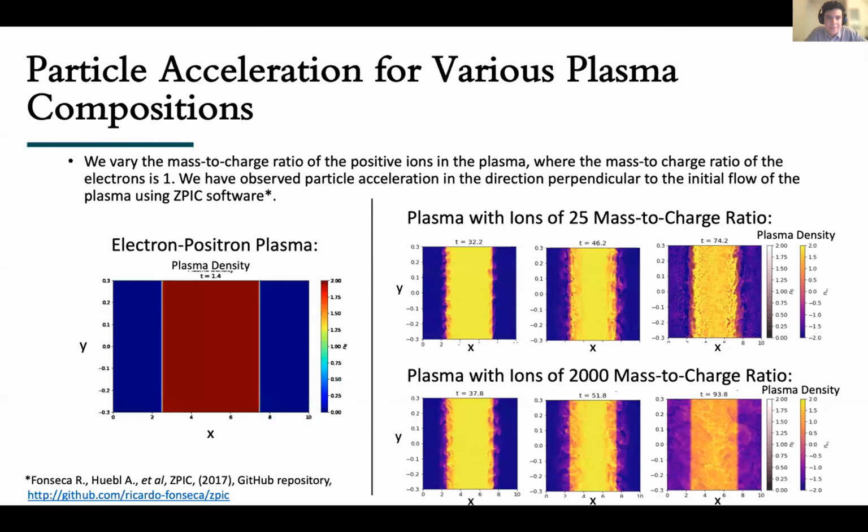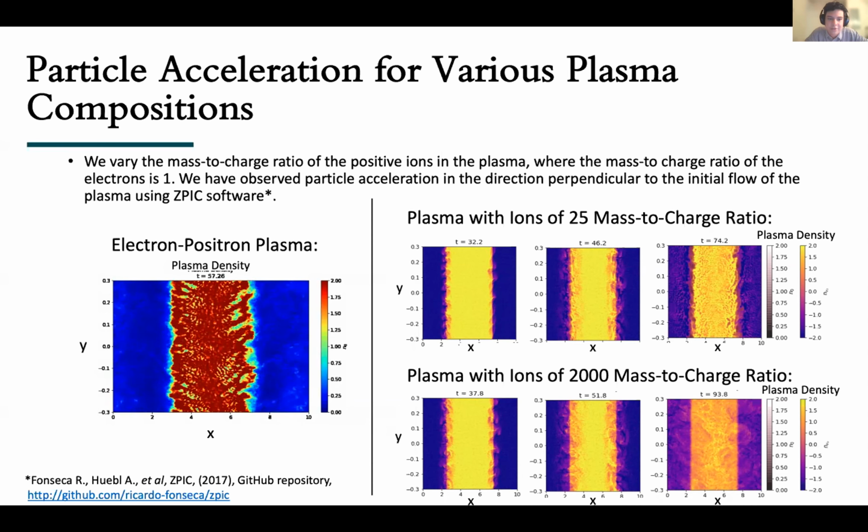Since plasma consists of both free electrons as well as ions, we varied the mass-to-charge ratio of the positive ions in our plasma to understand how the dynamics of the Kelvin-Helmholtz waves could change. What we observed is particle acceleration that is perpendicular to the initial flow of the plasma in our simulations.